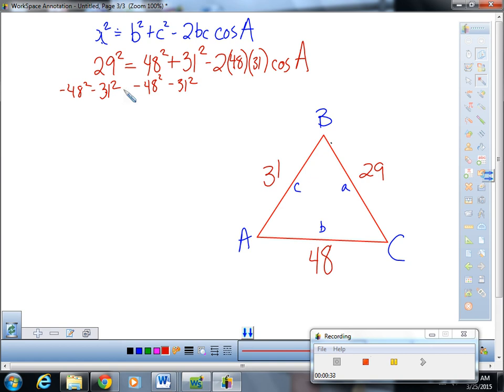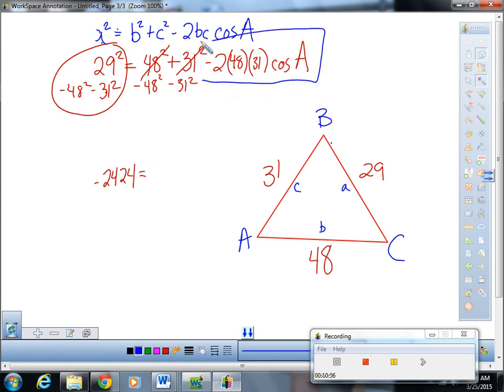It's going to give us a negative number, and that's totally okay. So what I have, I've subtracted that and that from this, and over here I get negative 2,424 is equal to, and then I still have all of this in here. So it's equal to a negative 2 times, well, I'll write down every step.